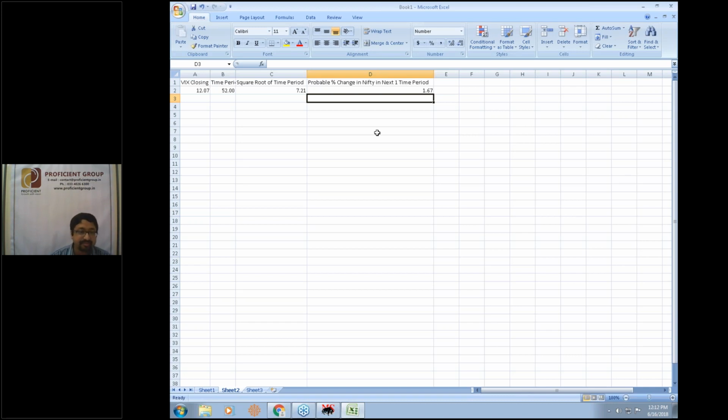This value we are getting absolutely from VIX. If the value of VIX were very high, suppose 20, then naturally this will give us a higher probable value of percentage change in Nifty. So Nifty is more likely to change in terms of percentage value.